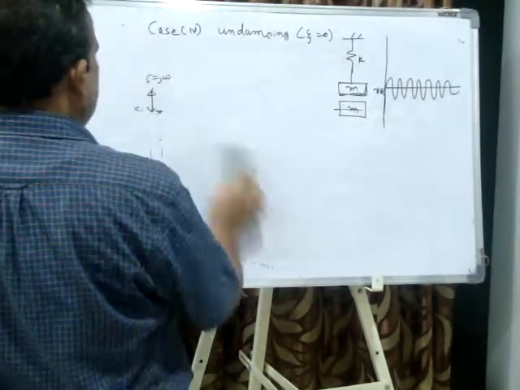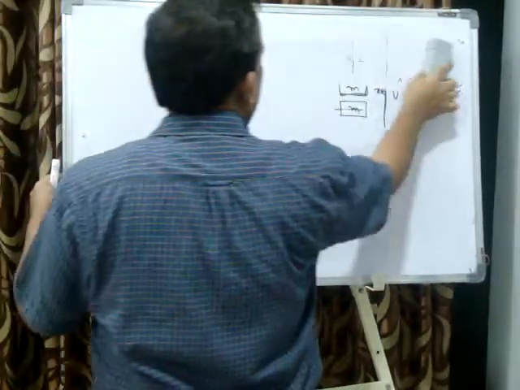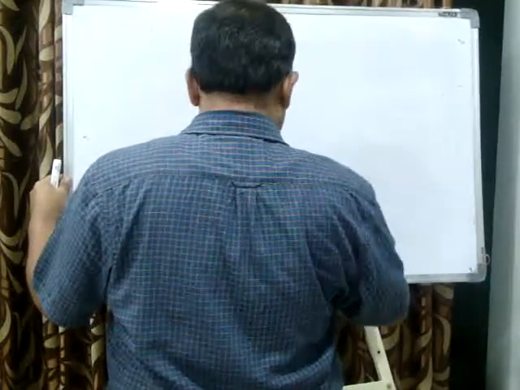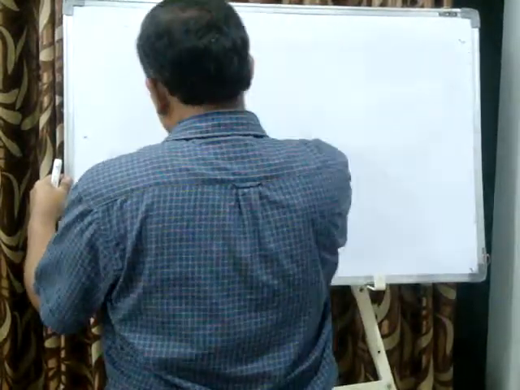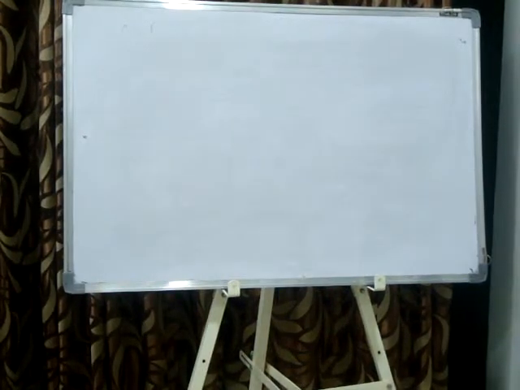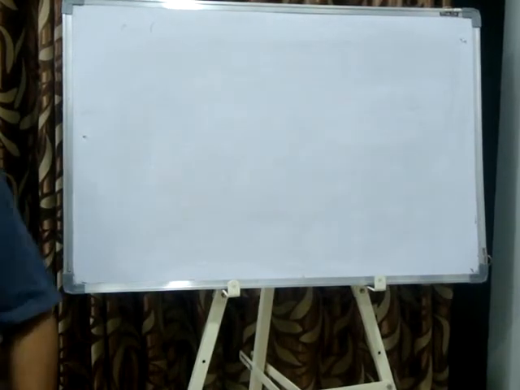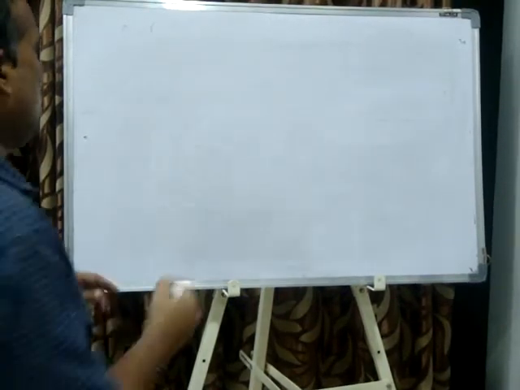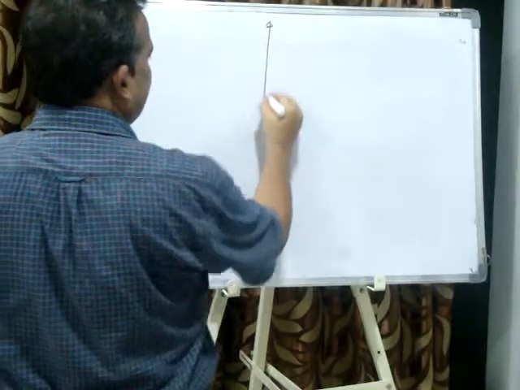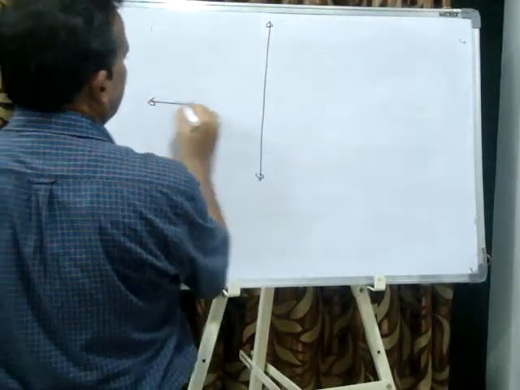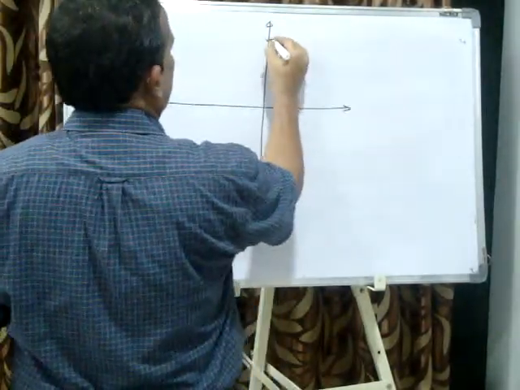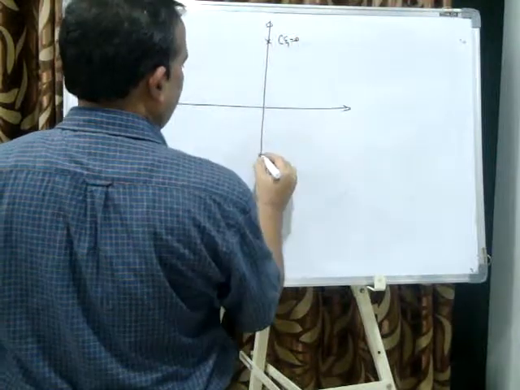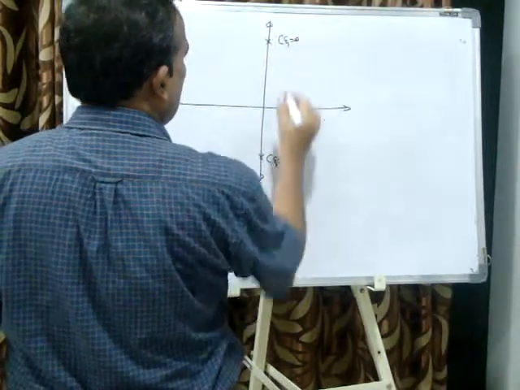When zeta changes, definitely the nature of the poles changes. When the nature of the poles changes, there is a change in the behavior. So if I draw the combined graph, when zeta is equal to 0, what is the value of S1 and S2?